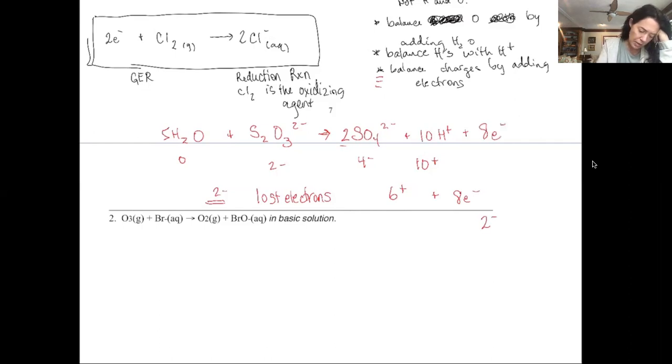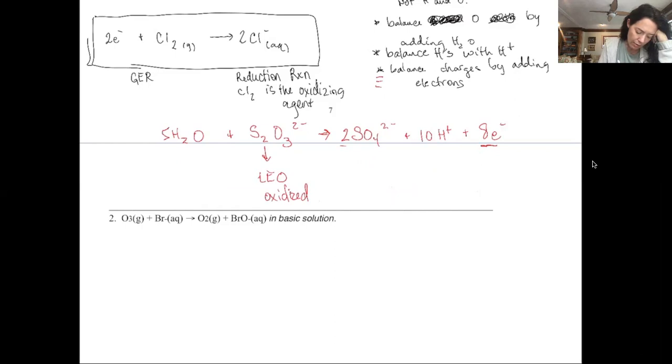All right. So let me clean this up, and you're allowed to have questions, okay? But what we see is that the electrons are over here. Therefore, this substance lost electrons. It was oxidized, okay?